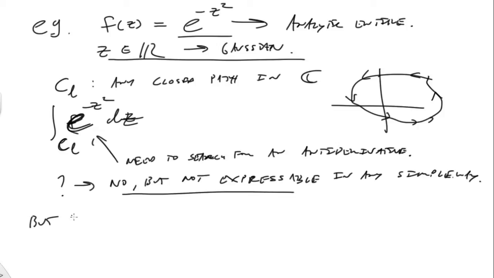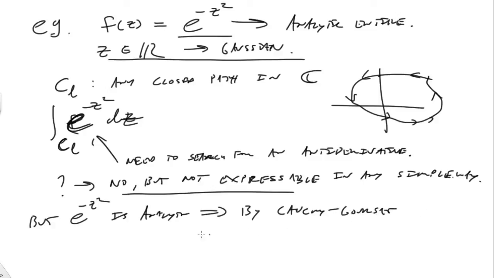But e to the negative z squared is analytic. So therefore, by Cauchy-Goursat, we know that the integral over any closed curve here has to be 0.